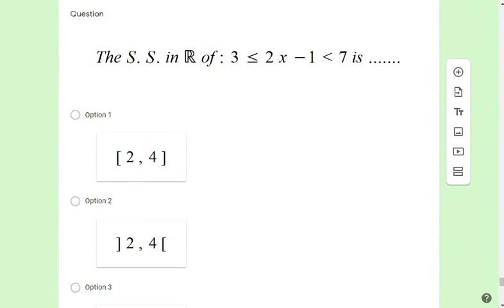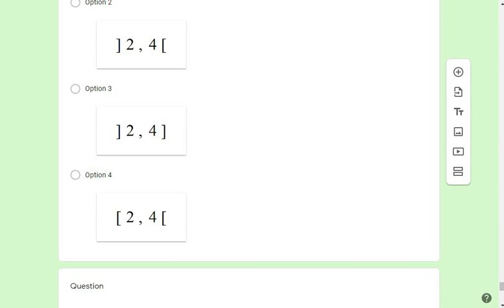The next, the solution set in R of the inequality 2x minus 1 greater than or equal to 3 and less than 7 is what? Choose one of the following answers: closed interval 2 and 4, open interval 2 and 4, semi-open interval 2 and 4, or semi-closed interval 2 and 4.